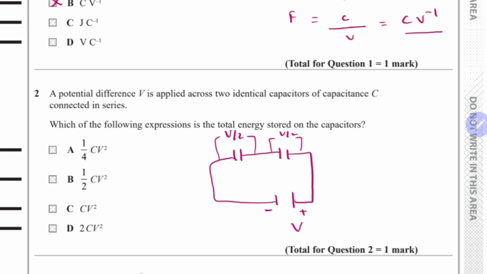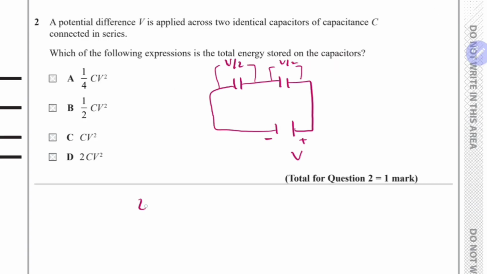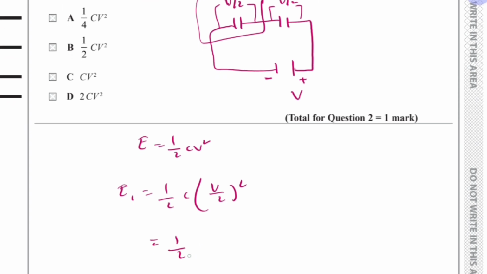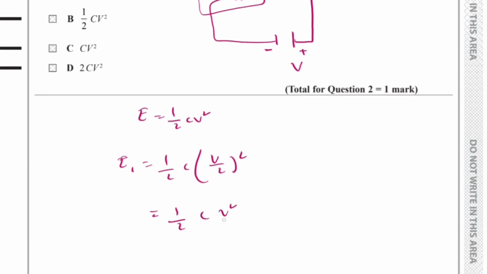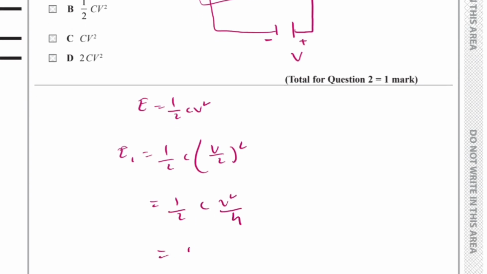The normal formula for energy stored in a capacitor is E equal to half CV squared. For this capacitor, as we can see, it's half, with V by 2, so we're going to include that here now. 1 by 2 C, V by 2 squared, V squared by 4, which is 1 by 8 CV squared.